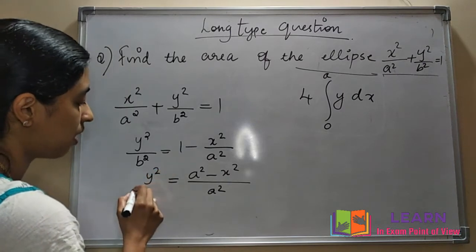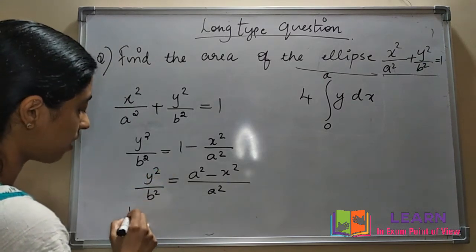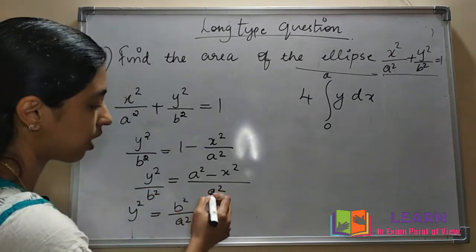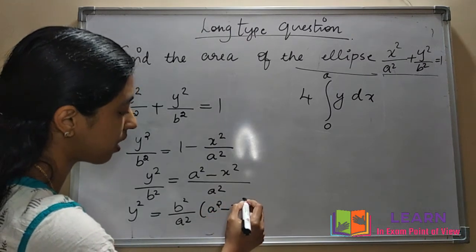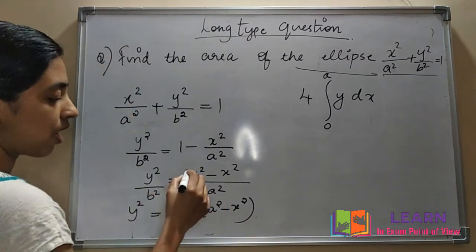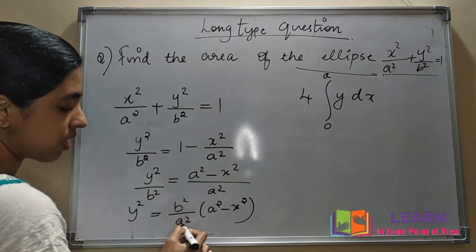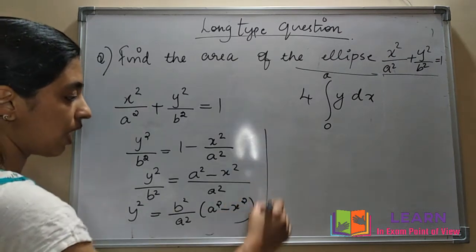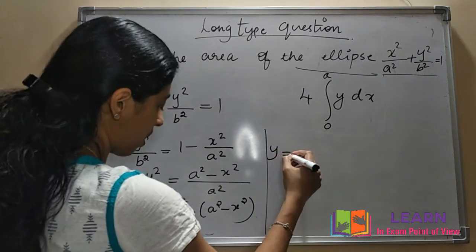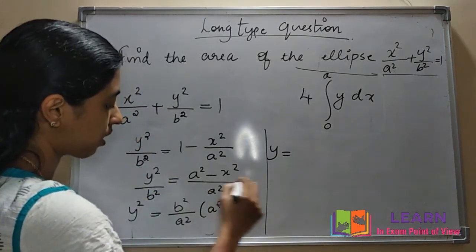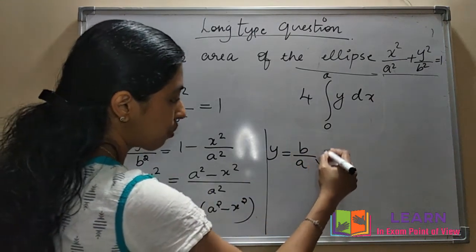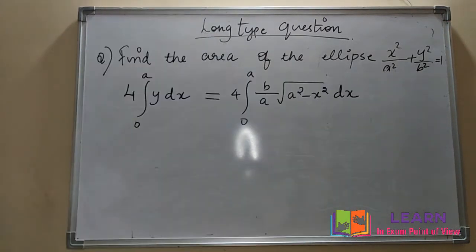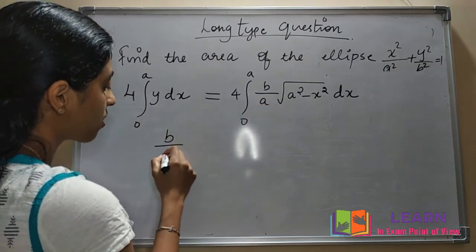Taking b square to that side, y square is b square by a square into a square minus x square. Then y will be the square root, that is, b by a root of a square minus x square.